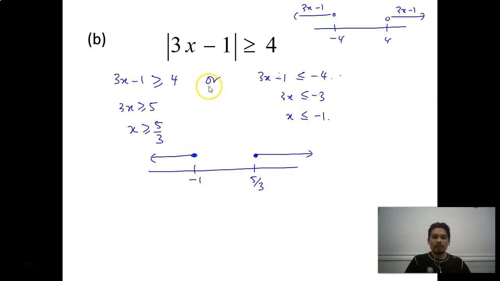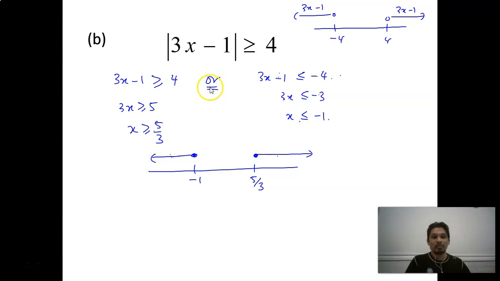Okay, we have the term of "or" in the middle here. If we have a term of "and", we try to figure out where these two solutions intersect each other. If we have "and", then we are playing with the signs of positive and negative.